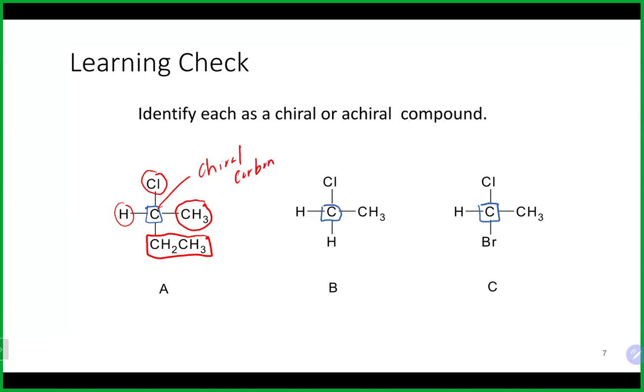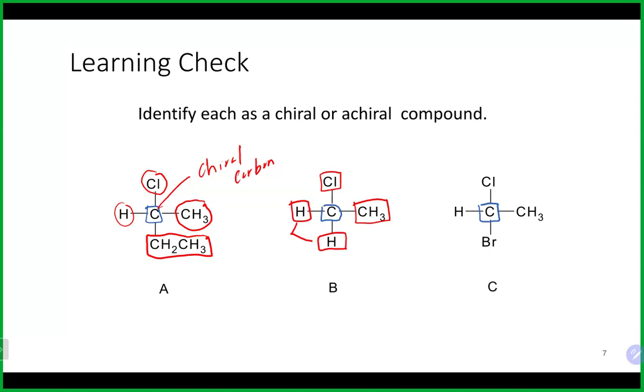That means that if we stuck that thing in front of a mirror and took the mirror image, it would not superimpose on the original. Question on that one there. Looking at the next one here, we have a chlorine, different than a methyl, different than a hydrogen, but we've got another hydrogen.